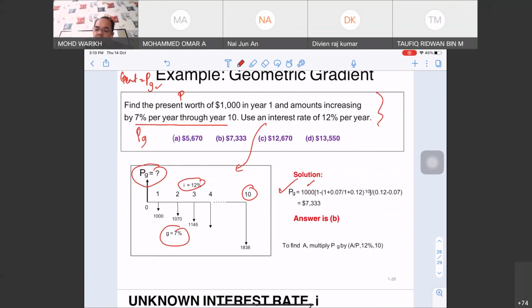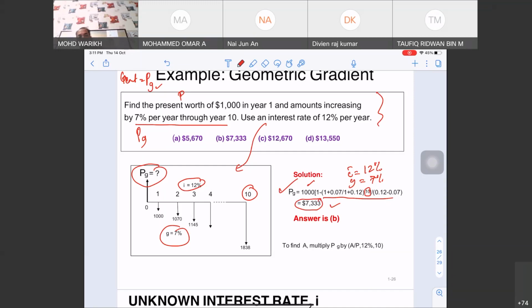Put in i and also g, 12% and 7%. P_g equals E times (1 minus ((1 plus g) over (1 plus i)) to the power of 10) over (i minus g). So you get this number.